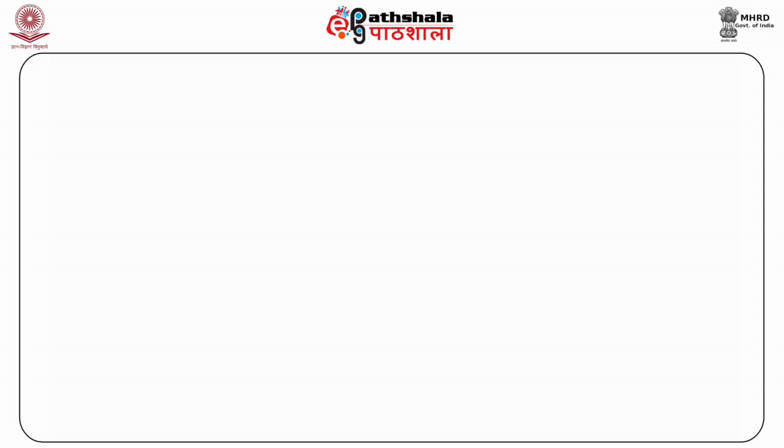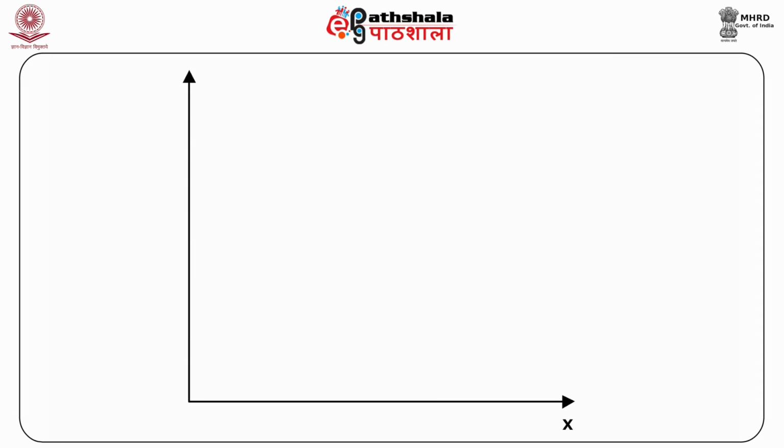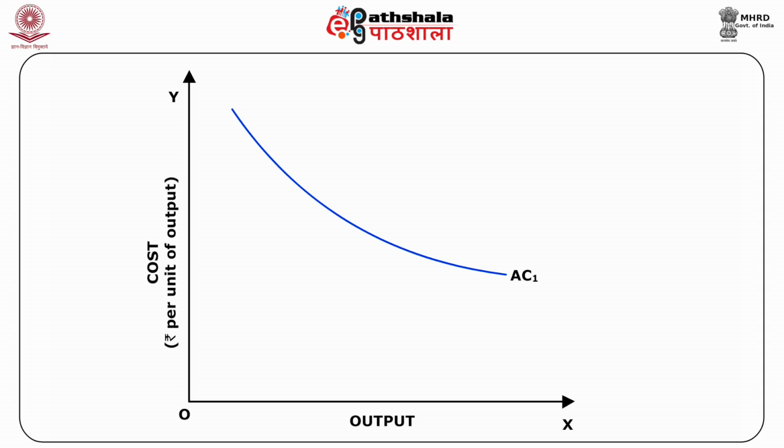Let us understand it through a graph. In this graph, we are taking output on the x-axis and the cost per unit of output on the y-axis. AC1 is the average cost curve of the firm. The firm moves from A1 to A2 along AC1. This enables the firm to lower costs.